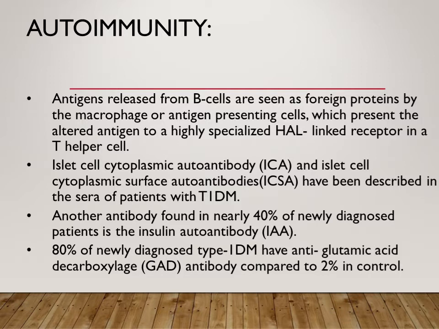Another antibody found in nearly 40% of newly diagnosed patients is the insulin autoantibody, that is IAA. 80% of newly diagnosed type 1 diabetes mellitus have anti-glutamic acid decarboxylase GAD antibodies compared to 2% in control.